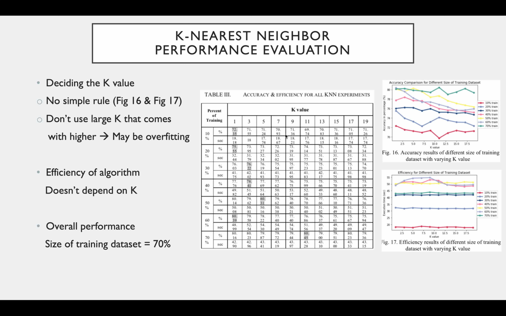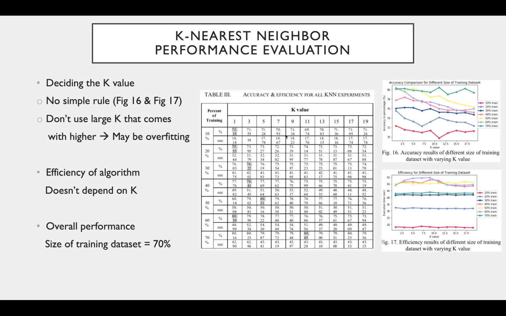The second thing I observed is that we shouldn't use a large k value for higher accuracy. As we can see from figure 16, the top line in green color, as the k value increases, the accuracy first decreases, and then jumps high when the k value is around 11.